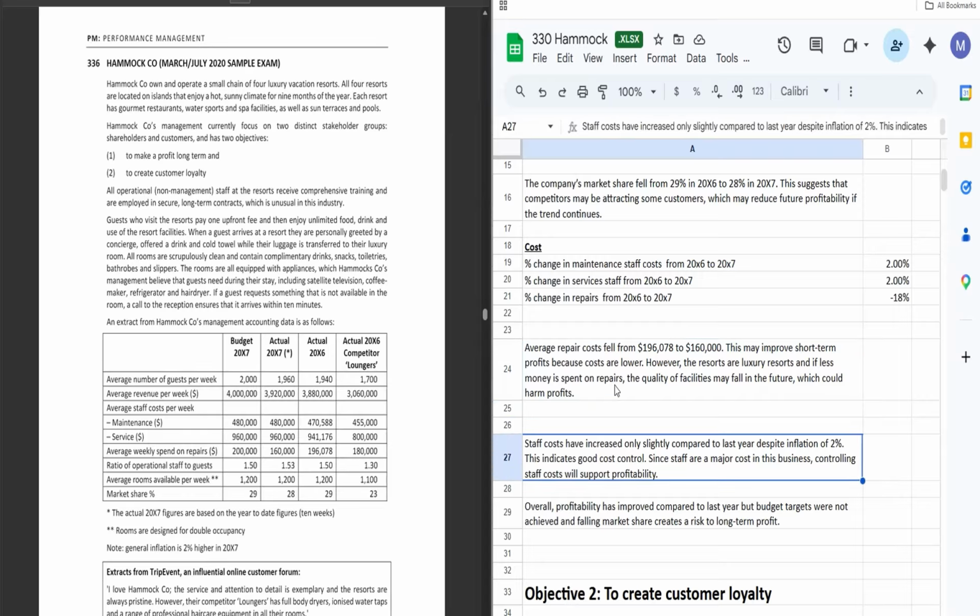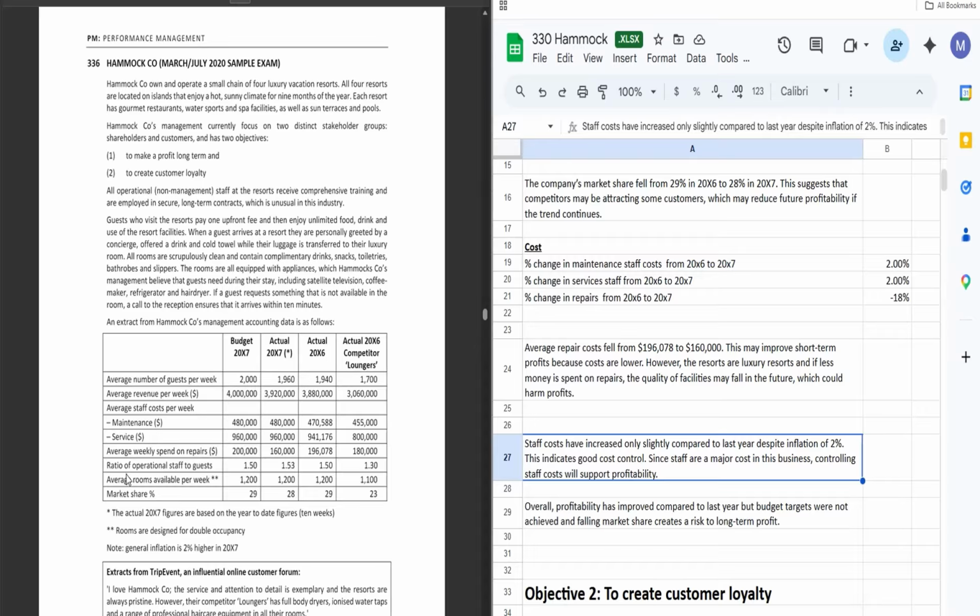Again, regarding staff cost, it has increased only slightly compared to last year despite inflation of 2%, and this indicates good control over cost. Since staff are the major cost in the business, controlling staff cost will support profitability. Obviously in this kind of industry, staff play a very important role, and I think the staff has also increased. How did I come to know this?